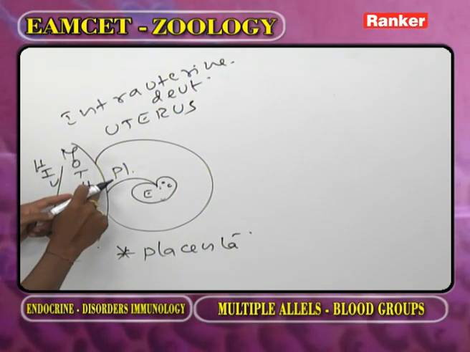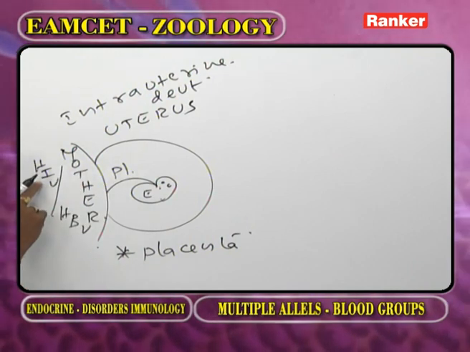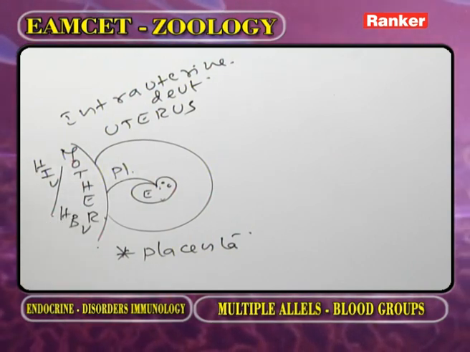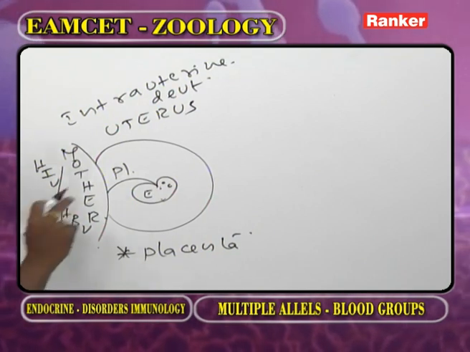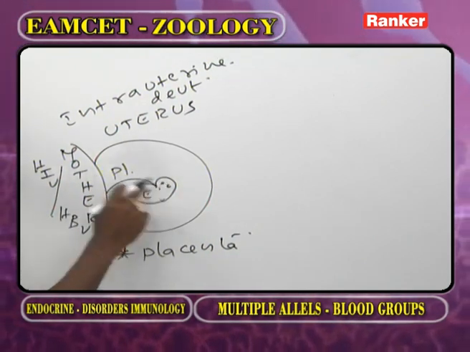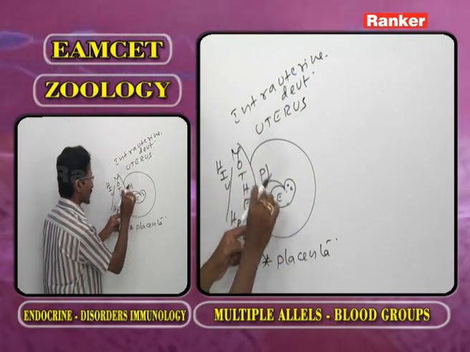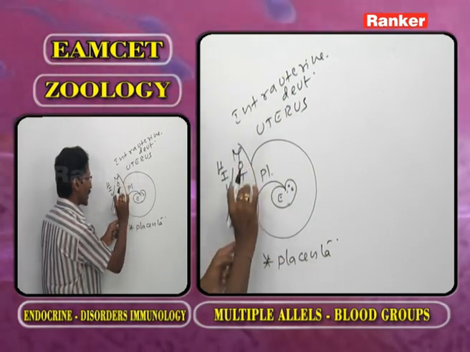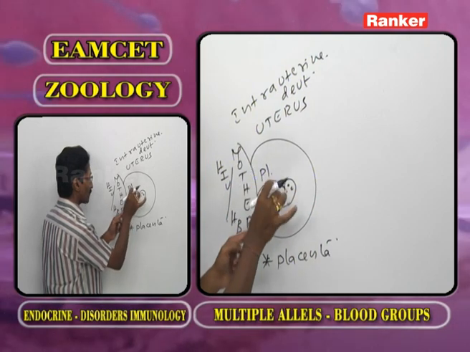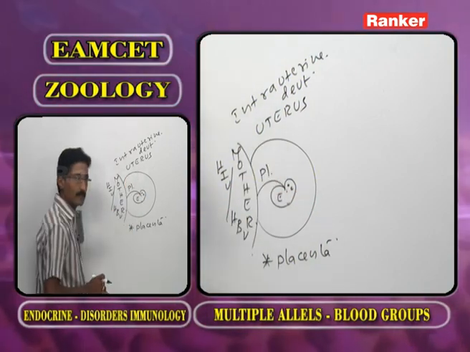If the mother has been suffering from the HIV virus as well as HBV virus, through the placenta it enters into the body of the embryo. Because in the mother's uterus, from the mother's body, everything is supplied to the embryo with the help of the placenta.